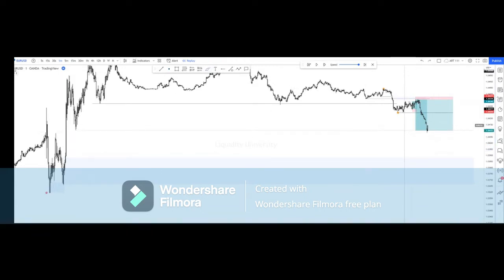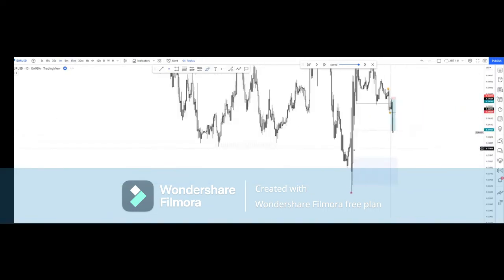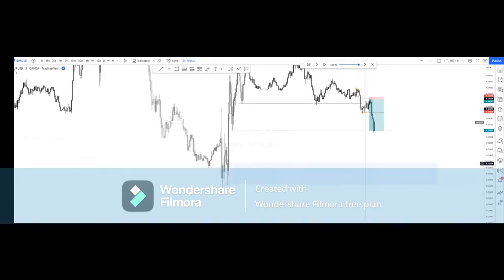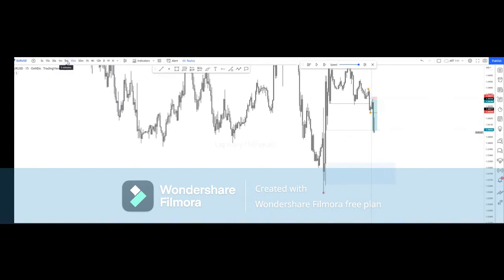So in this example, eventually just try to take your profits on the higher time frame POI, which is pretty much this right here. Just take it right there, lock in your profits. That's a 5-minute actually.